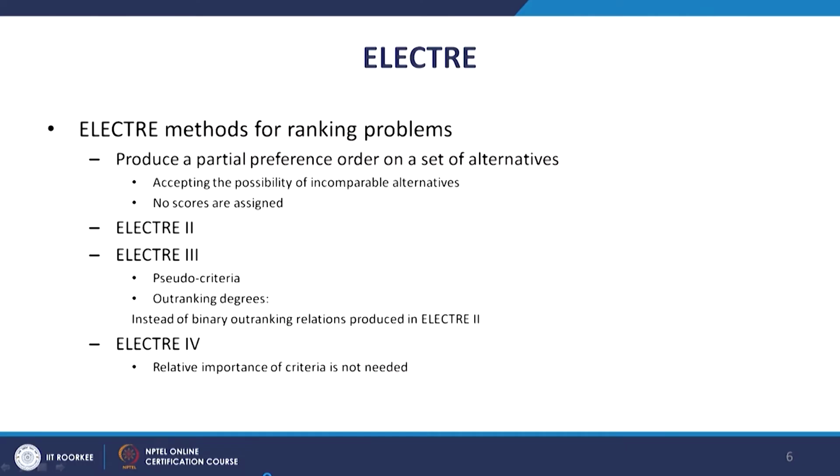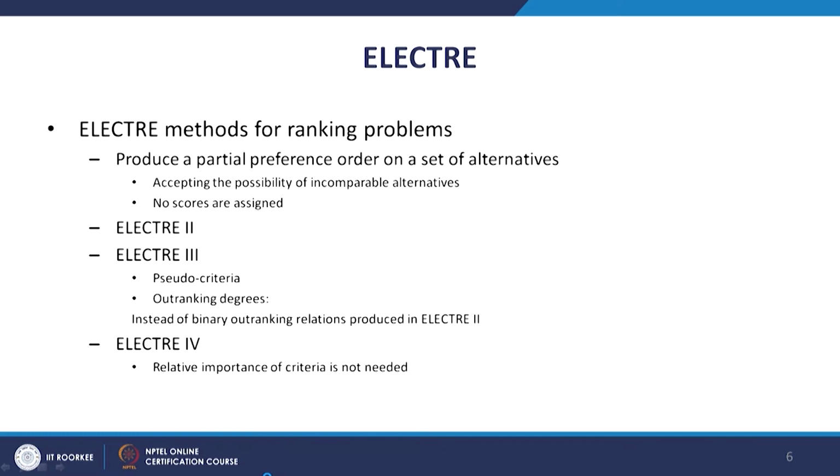In ELECTRE III, which is considered to be the most popular, most used ELECTRE method for ranking problems, two concepts were introduced. One is pseudo criteria, something that we talked about in the context of the choice problem, and the second one is outranking degrees.